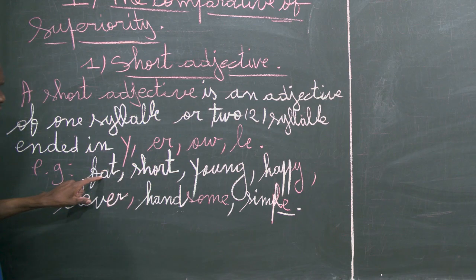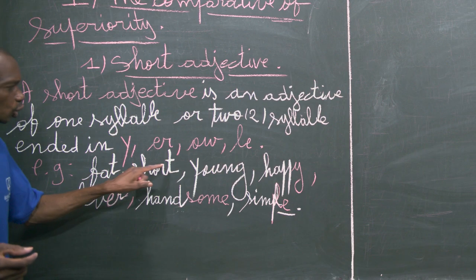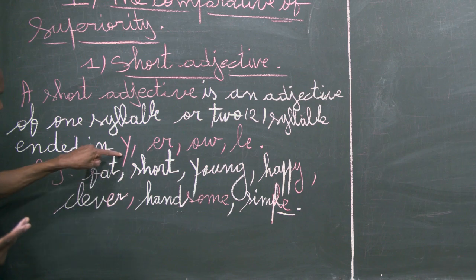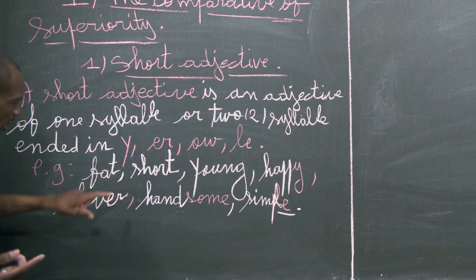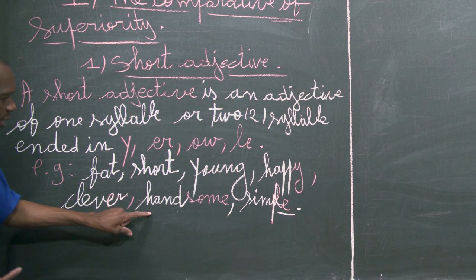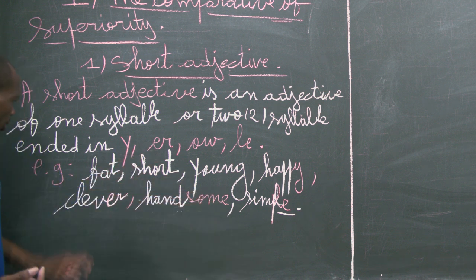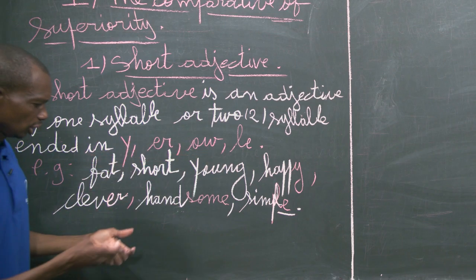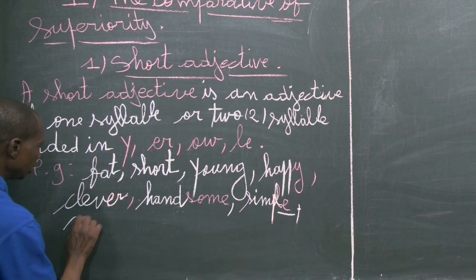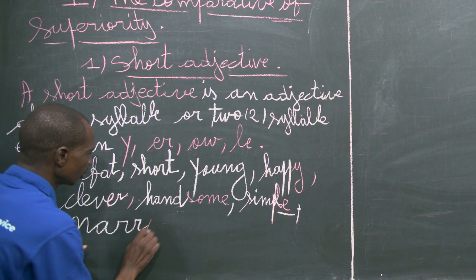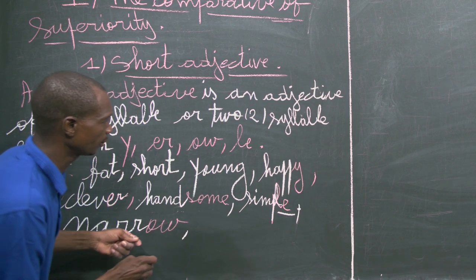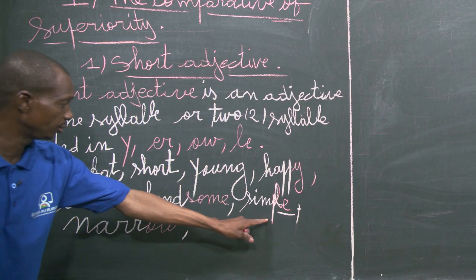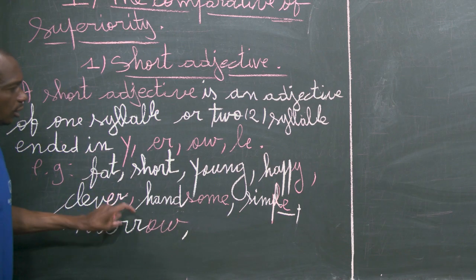If this adjective is formed of two syllables, ended by Y, like happy, ended by ER, like clever, ended by SOME, like handsome, ended by OW, like narrow, ended by LE, like gentle or simple, then it is a short adjective.